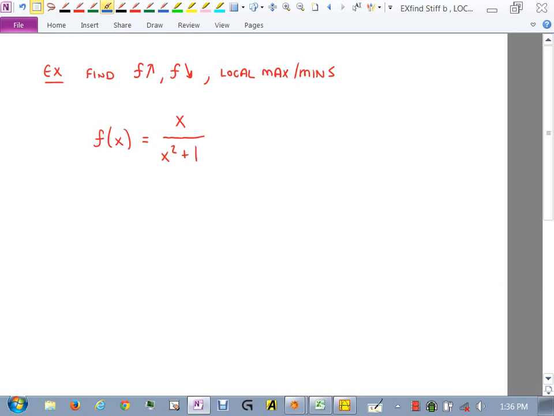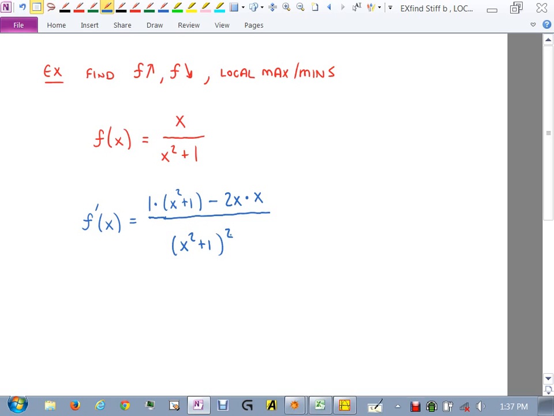So what's the first thing you're going to do? Just find the derivative. How are you going to find this derivative? Quotient rule, right? So derivative of the top times the bottom minus the derivative of the bottom, 2x, times the top, all over bottom squared. That good?